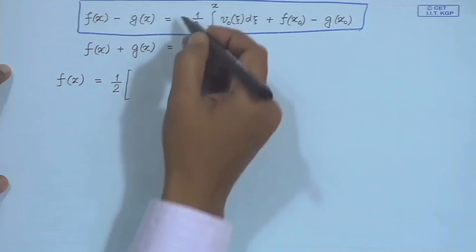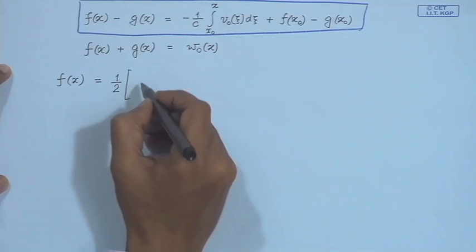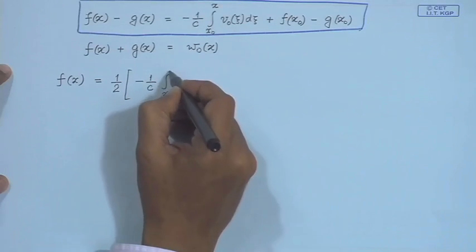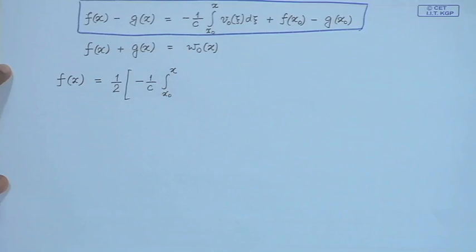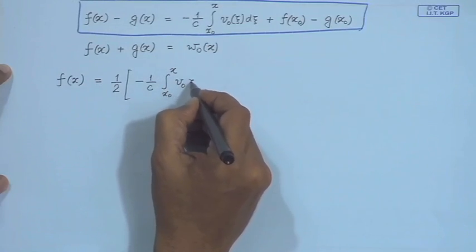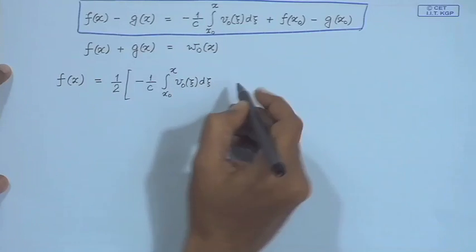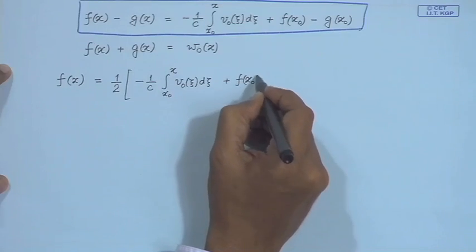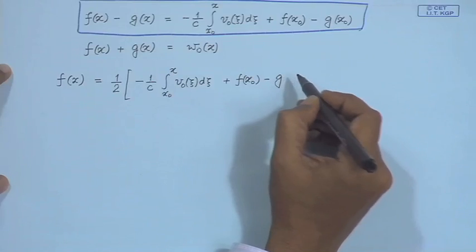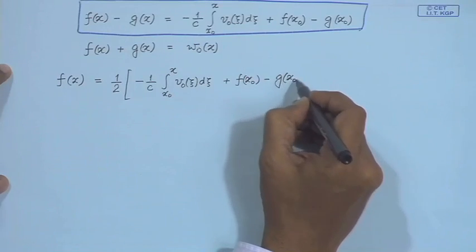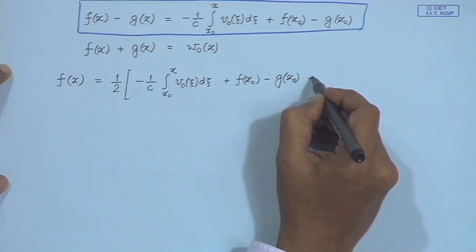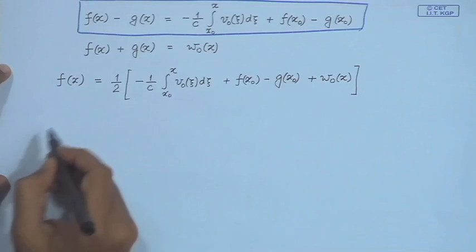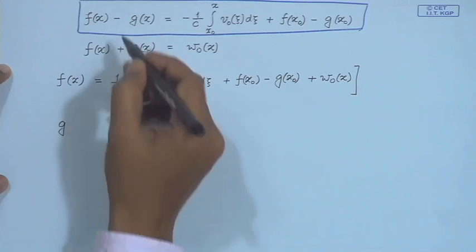For example, if you just add these two, we obtain f x, and similarly if I subtract the first from the second, we obtain g x.